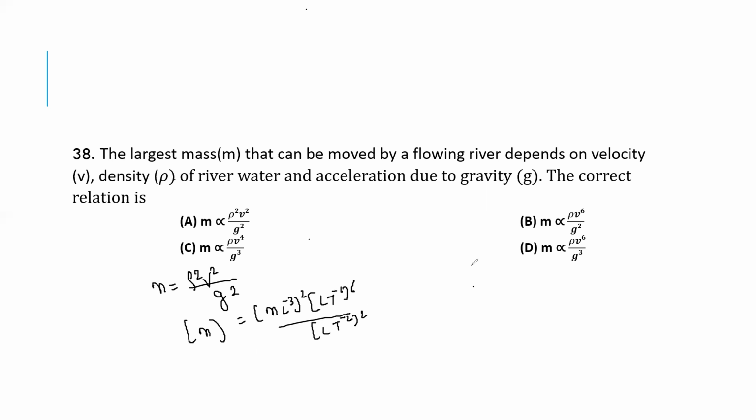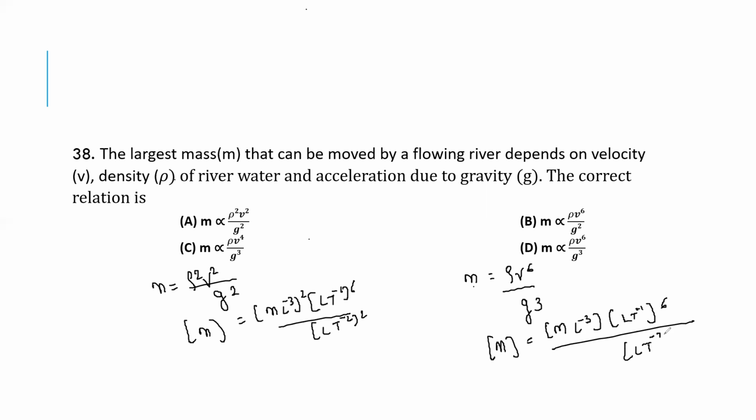So here I'll take the fourth equation, that is m is equal to rho into v raised to 6 divided by g cube. This will be M, and this is equal to M L raised to minus 3, and here it is L T minus 1 raised to 6 divided by L T raised to minus 2 to the power of 3.